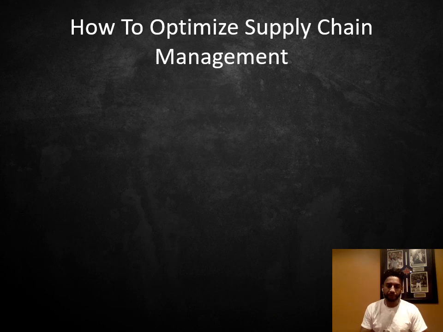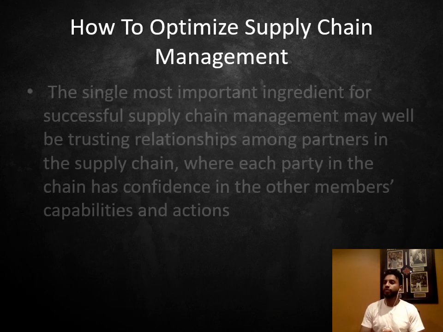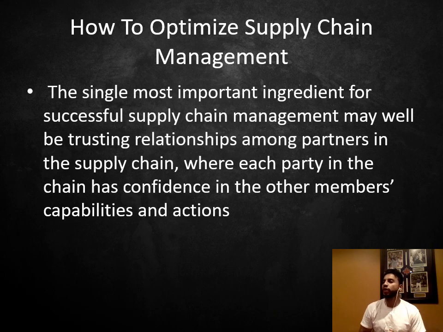So, how do you optimize supply chain management? The single most important ingredient for successful supply chain management may well be trusting relationships among partners in a supply chain, where each party in the chain has confidence in the other members' capabilities and actions. If you're in a business and you have a bad relationship with your suppliers, transport companies, and customers, you're probably not going to be in business a very long time.